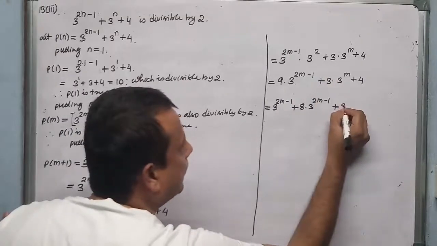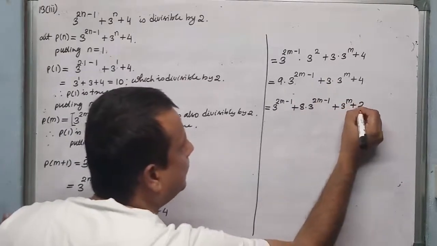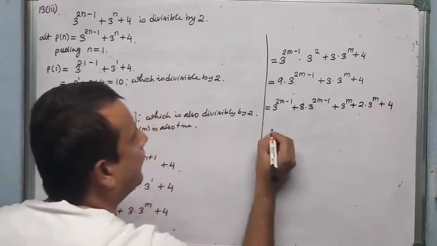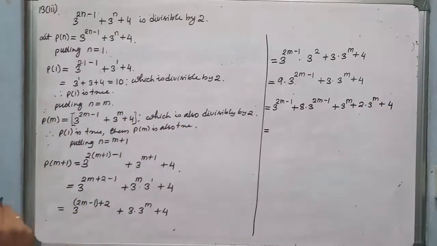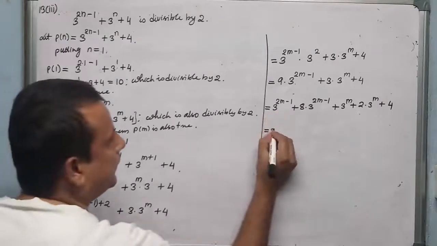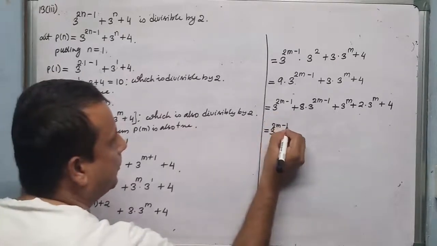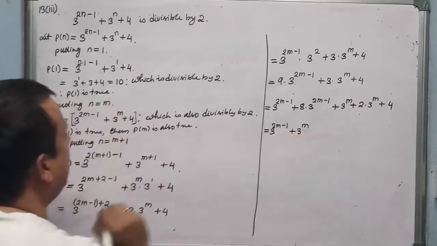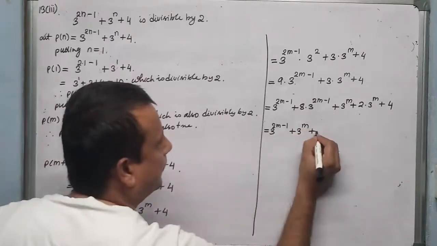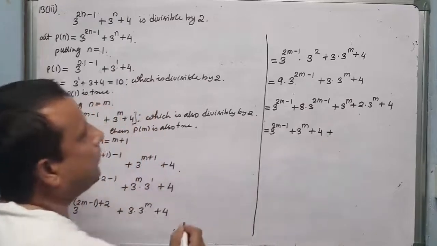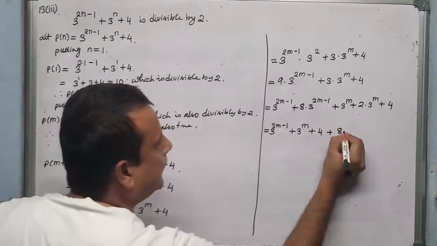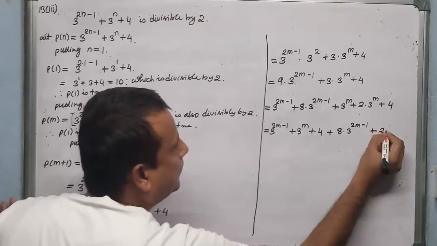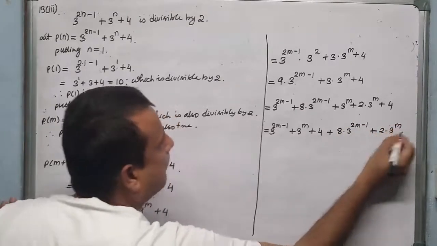So I'll write 3 to the power m plus 2 into 3 to the power m, plus 4. Now I'll write the Pm series from this: 3 to the power 2m minus 1, plus 3 to the power m, plus 4, plus the remaining quantities, 8 into 3 to the power 2m minus 1 plus 2 into 3 to the power m.